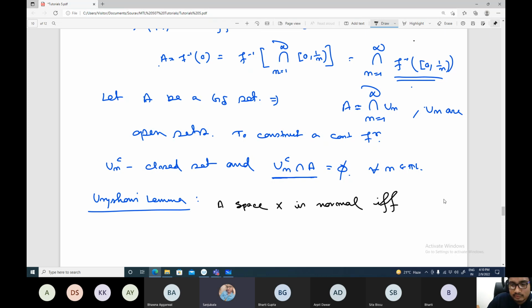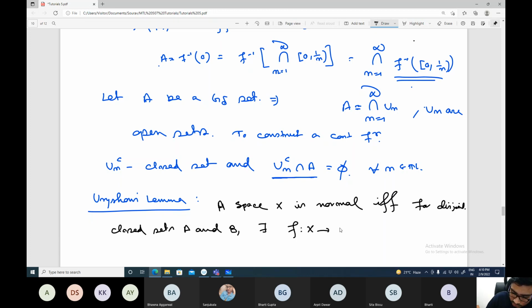For disjoint closed sets A and B, there exists a continuous function f from X to [0, 1] such that f is 0 on A and f is 1 on B. This is Urysohn's lemma.